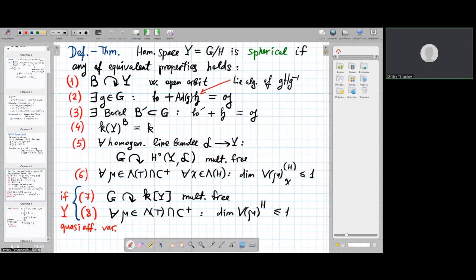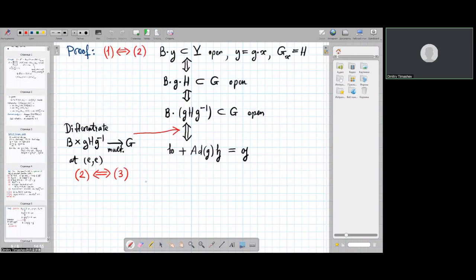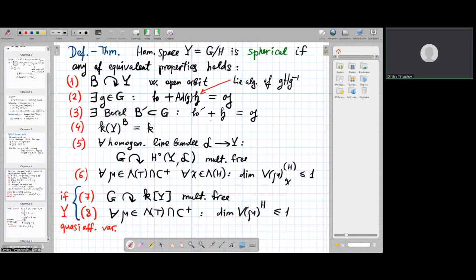Then B is replaced with the conjugate of B. And on the level of groups, this means that you just take for B prime another Borel subgroup, the following conjugate subgroup: G inverse times B times G.